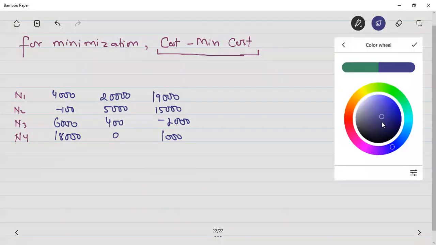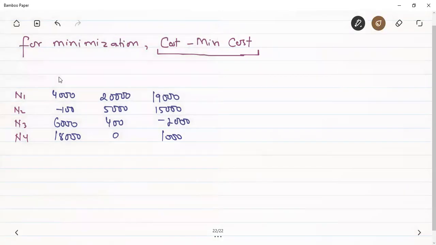So here we had S1, S2 and S3. So how do we calculate the regret table? Again we have N1, N2, N3 and N4, and S1, S2 and S3.